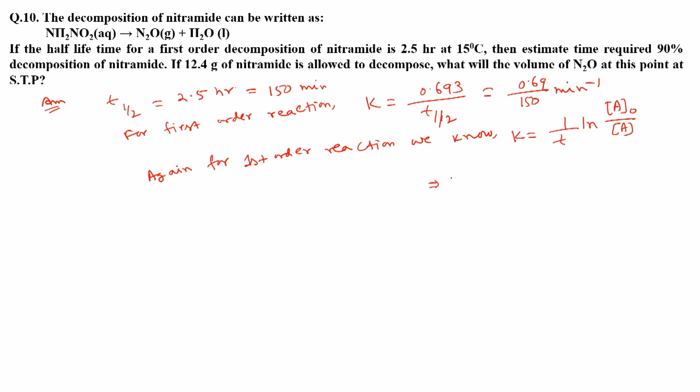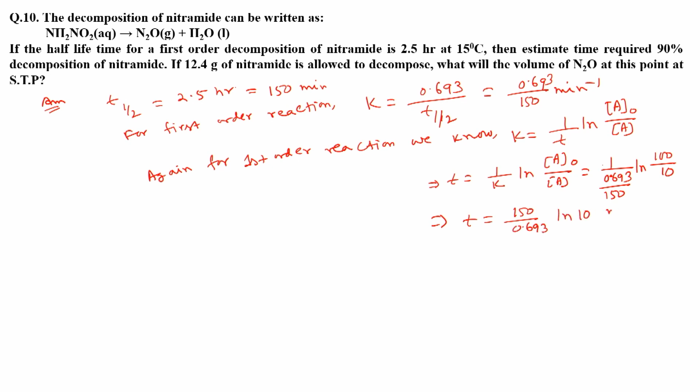So we get T is 1 by K ln A naught by A. The value of K we know, 0.693 by 150, and ln A naught by A is 100 by 10. So the value of T we get is 150 by 0.693 times ln 10. So this is in minutes.